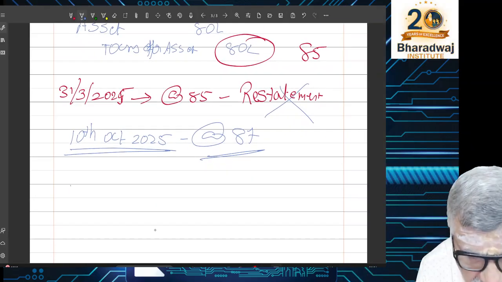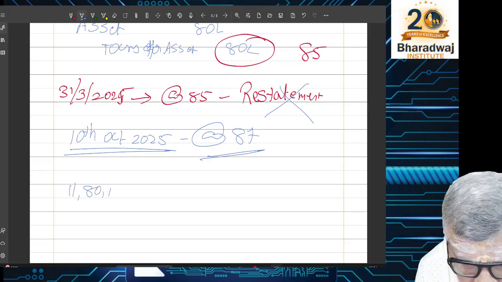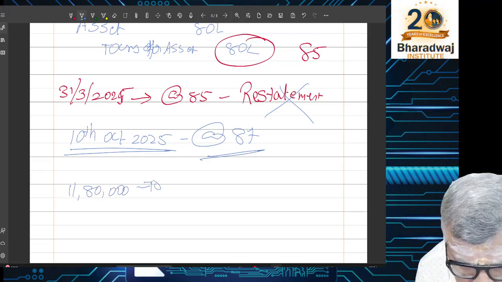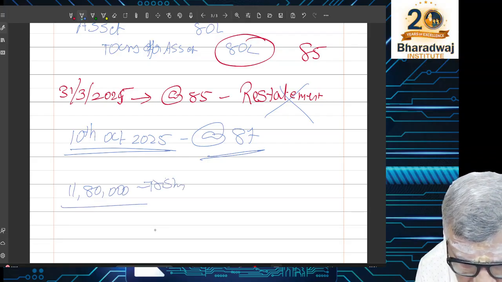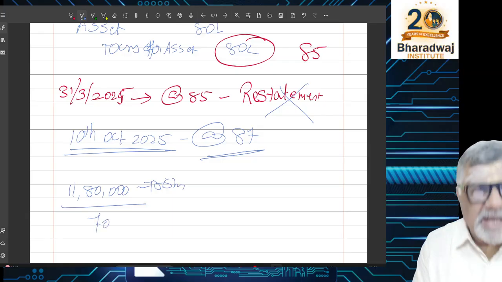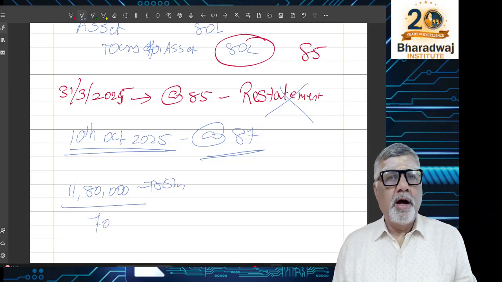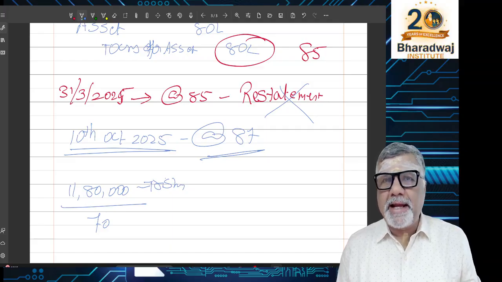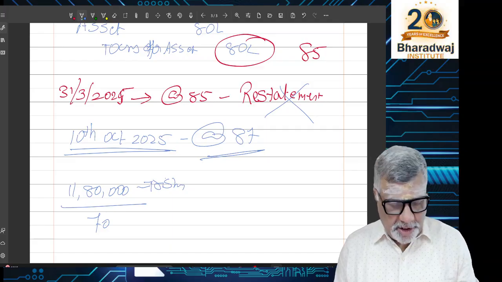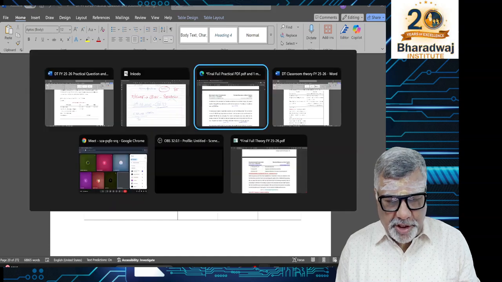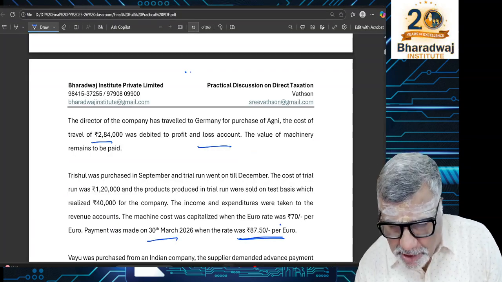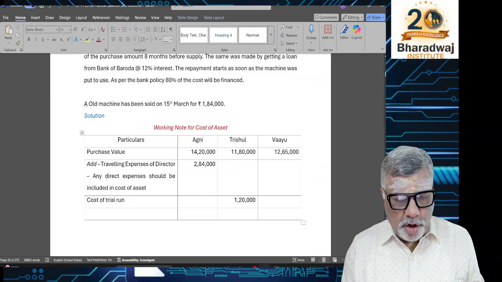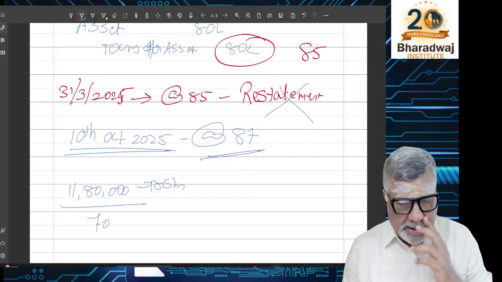11 lakh 80,000, the machinery cost, when the euro was 70. I have taken it on the transaction date. On the transaction date, the euro was 70.